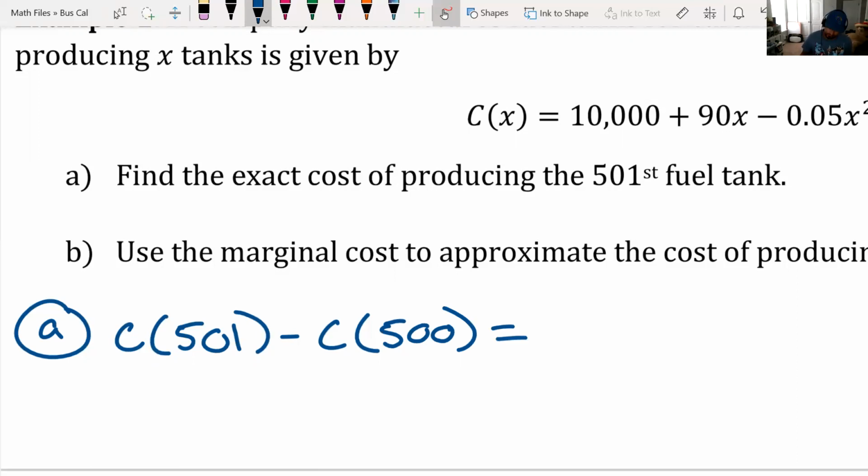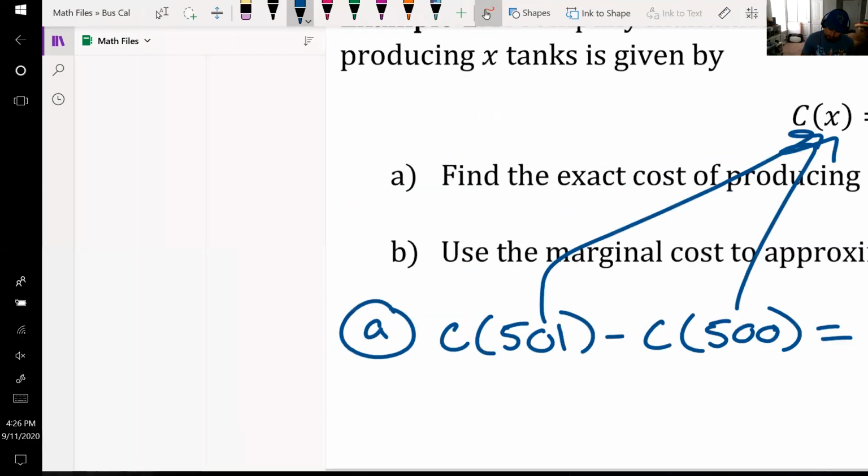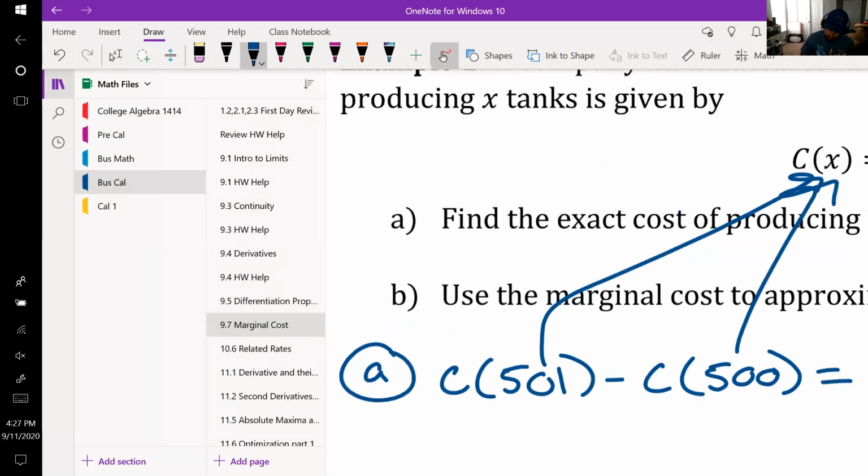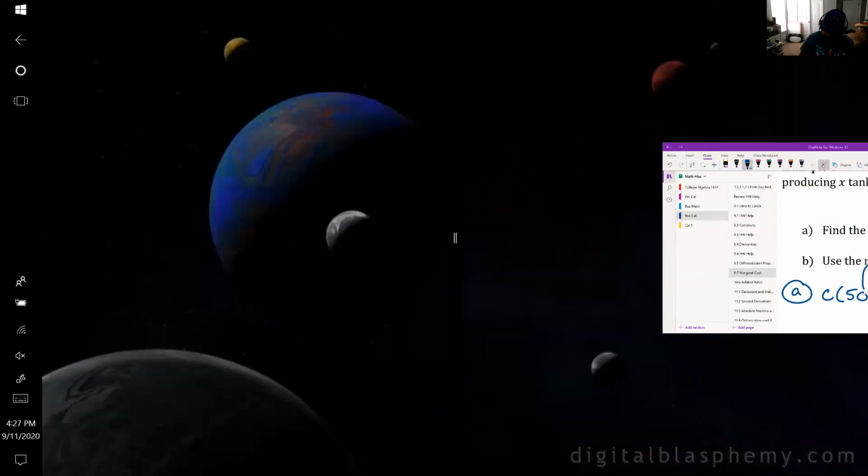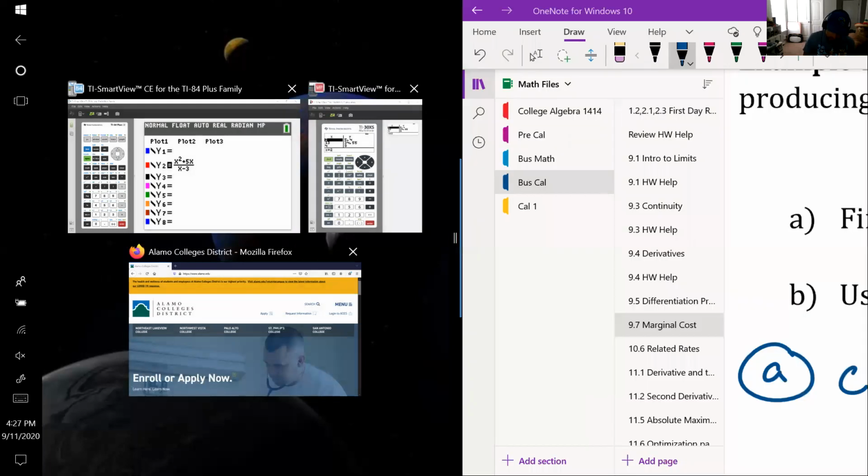What we're going to do is plug these numbers in for X in the function C of X. So essentially, it's calculator time now.